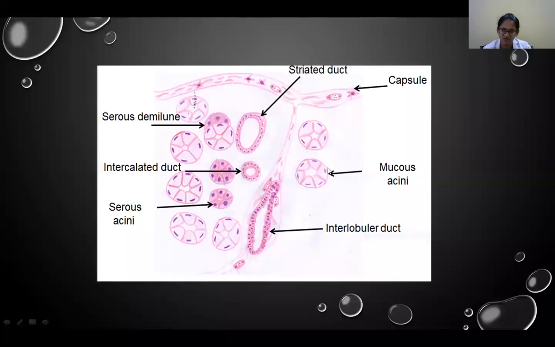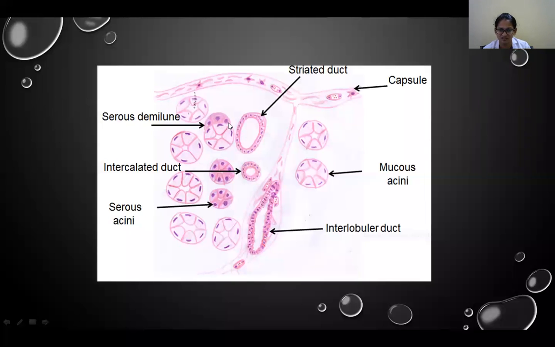This is about the serous cells and mucous cells. Next, this is a mixed salivary gland. Mixed salivary gland means here we are going to see both serous cells and mucous cells. The serous cells are arranged in a concentric cap shape on the mucous cell.